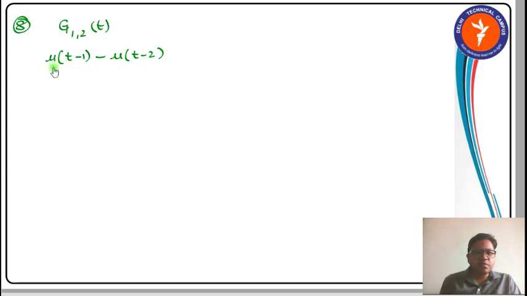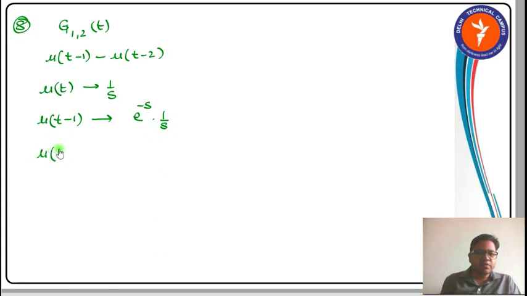Let us first find out the Laplace transform of this. We already know that the Laplace transform of u(t) is 1 by s, so the Laplace transform of u(t minus 1) would be, we will use the time shifting property, we will multiply this with e raised to power minus as, and a is 1 here, so e raised to power minus s into 1 by s.